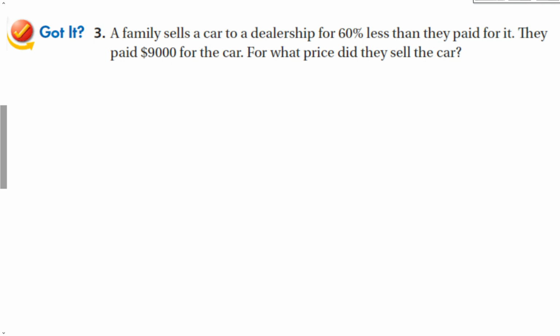So if we think about this, right, that's the discount that the family's selling the car to the dealership for, which means the cost after the discount is applied is going to be 40%. So that's how much the family is going to get for their car.